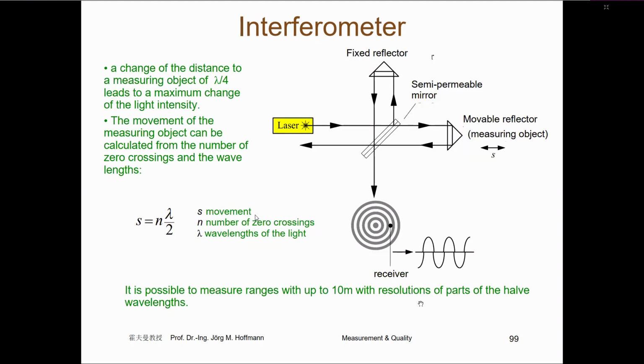Very important is the so-called interferometer, because the interferometer is a distance measurement system, but it is also used, for example, in balances. When you would like to determine the mass, you need only a body where you put your mass on, and you get a very, very small change of the position.